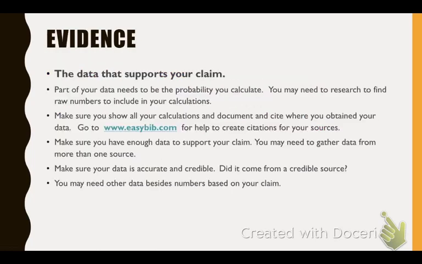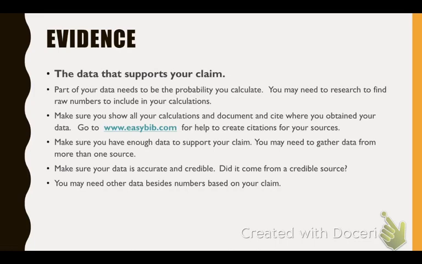Now, evidence. This is the data that supports your claim. Part of your data needs to be the probability that you calculate, because this is a probability unit. So you'll need to do some research and find raw numbers to include in your calculations. Make sure that all your calculations are shown in your final product, and that you document and cite where you obtained your data.